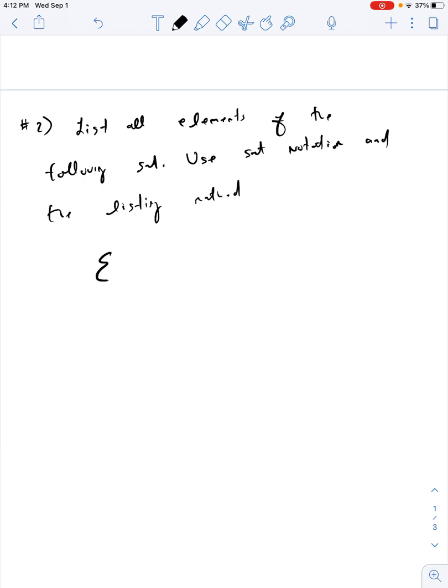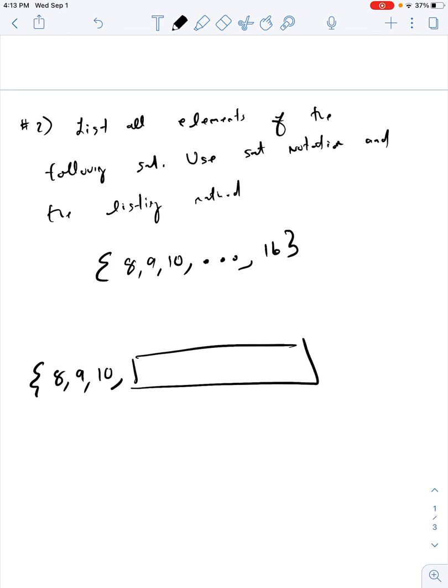We have braces, we have 8, 9, 10, and then after that a comma, we have 3 dots, another comma, 16. All right, and your problem looks like this. You've got your braces, you have 8, 9, 10, comma, then you have to put some stuff in here, followed by a comma, and then 16.